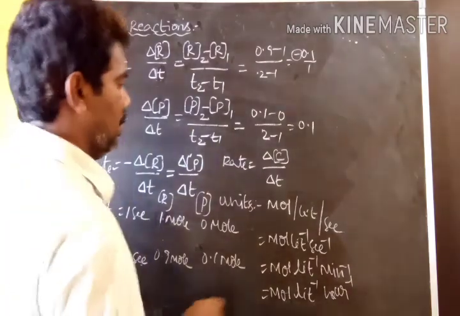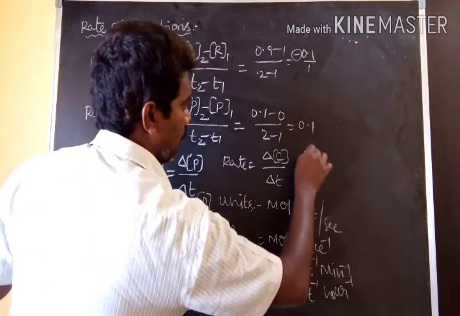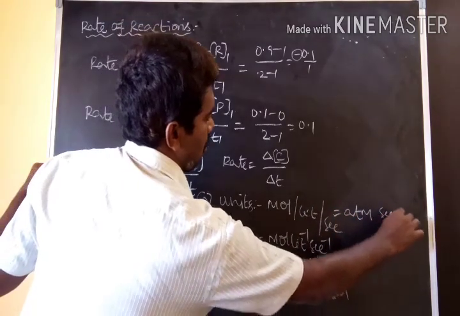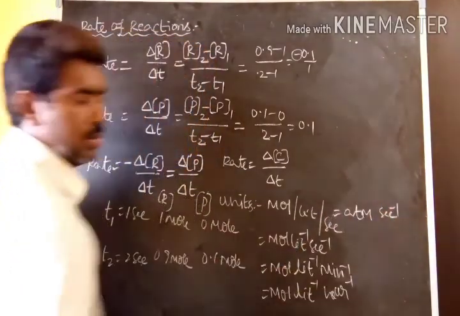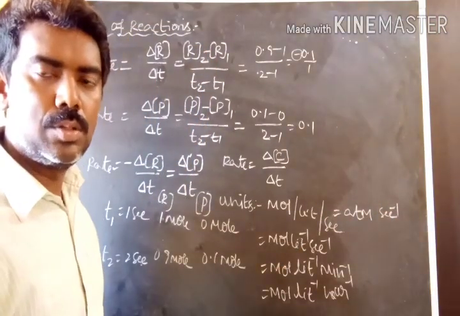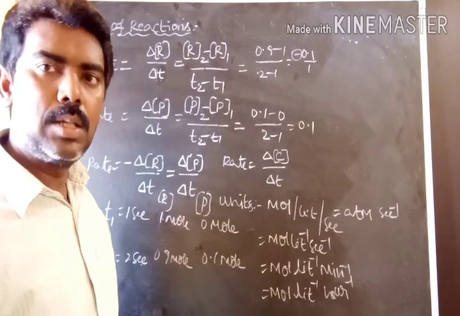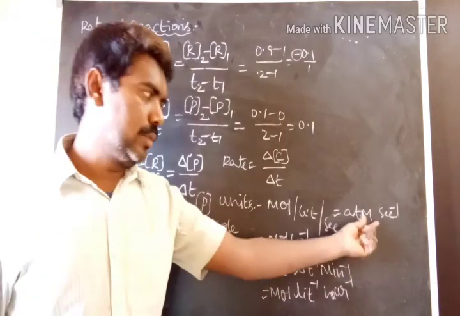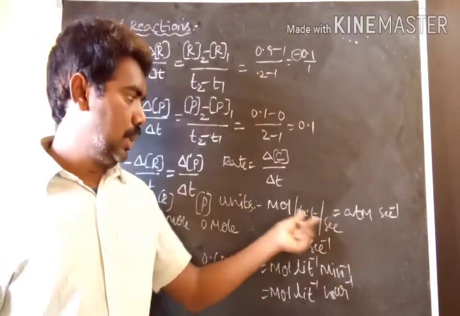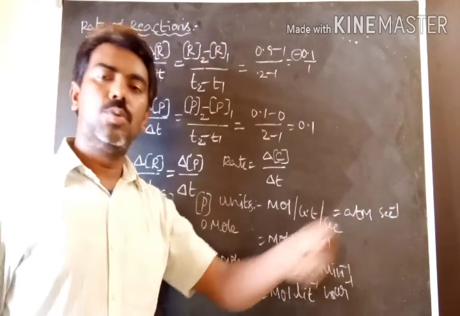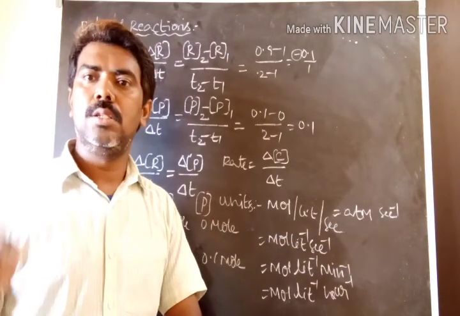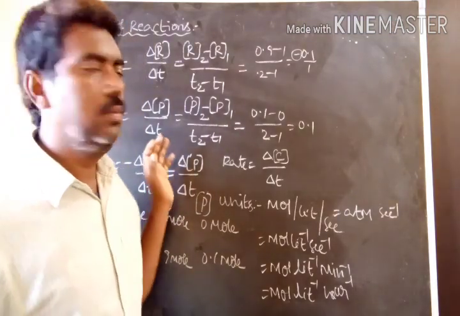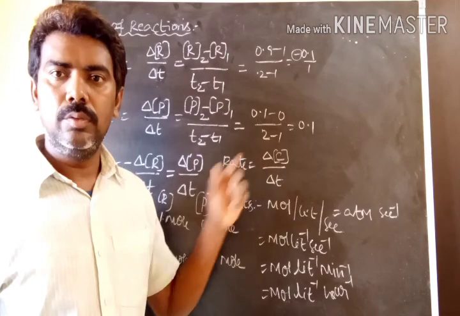Then the rate of reaction units are atmosphere second inverse, or bar second inverse, or torr second inverse. Like that we take the units in the case of a gaseous reaction. Mole per liter per second, or atmosphere second inverse, only in the case of a gaseous reaction. This is the total units and the mathematical representation of the rate of reaction.